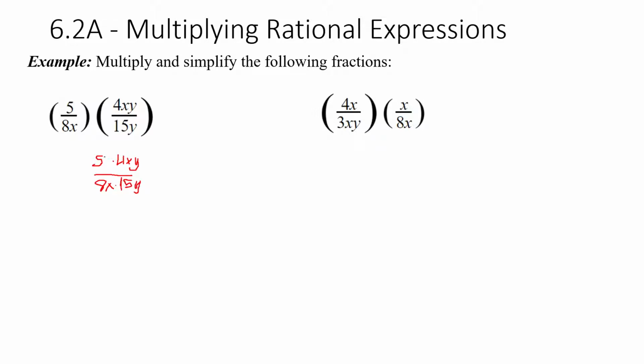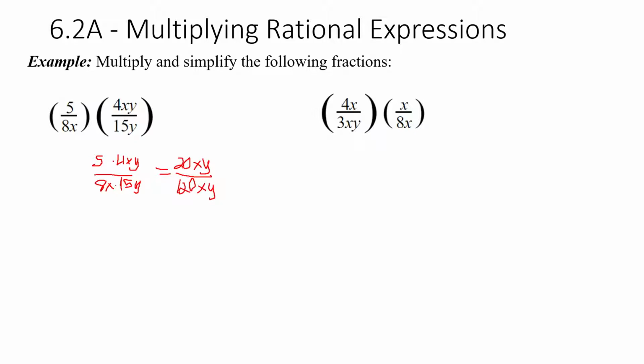And then you combine together your coefficients if there are any. So 5 times 4 is 20, and so that would be 20xy. And then 8 times 15 would be 120. And then x times y is xy. And then simplify out what you can.